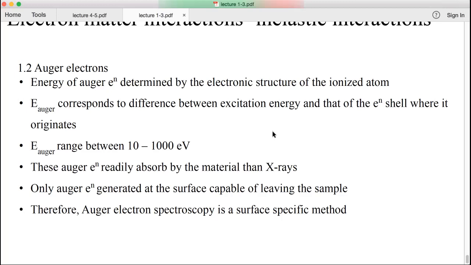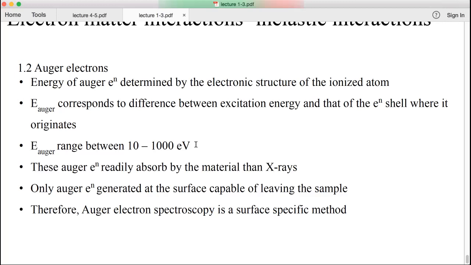If you imagine an atom deeper in the sample that creates an Auger electron, that energy can easily get absorbed by the sample material, so it won't be able to escape the sample. But if these Auger electrons are produced by atoms at the surface of the sample, they can easily escape.